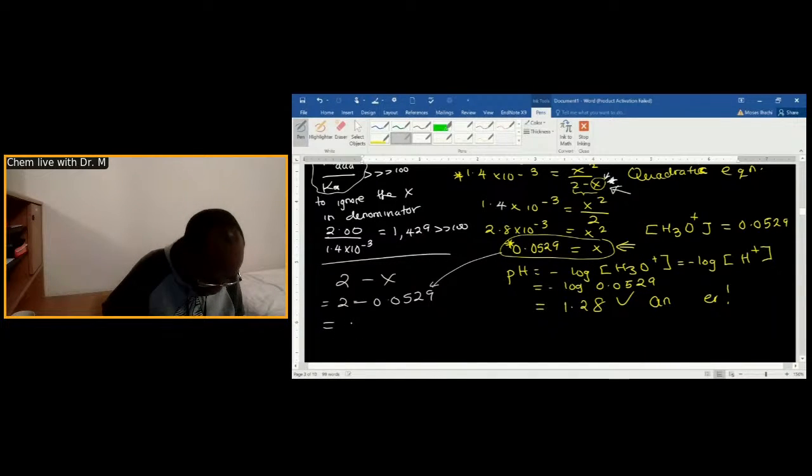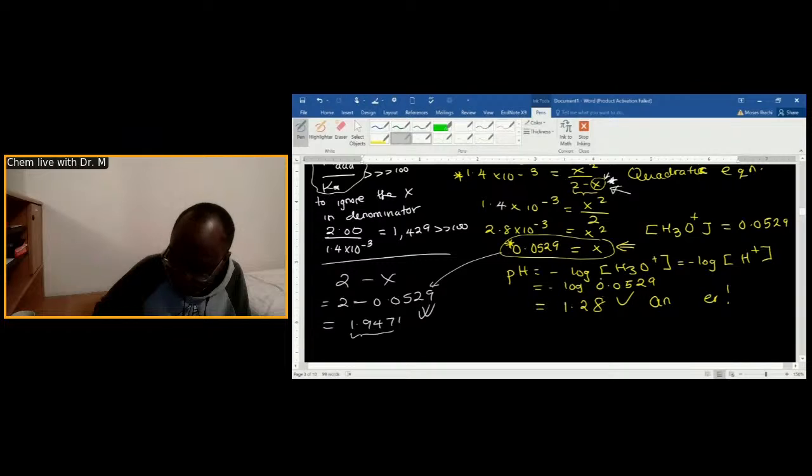Using my calculator, I see that if I do that math, 2 minus 0.0529, I'm getting 1.9471. So this proves to me that yes, it was safe to assume that the X has no effect because you see there's not much change. 1.9471 is not far from 2.